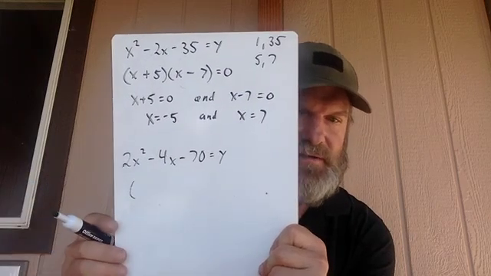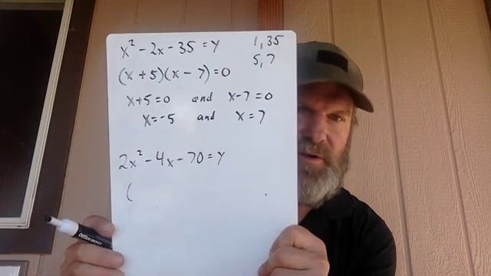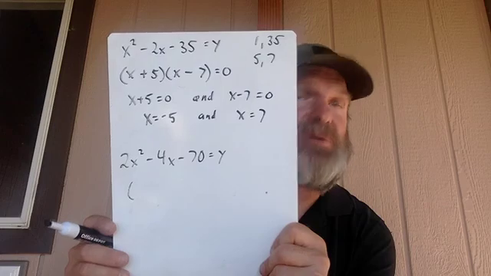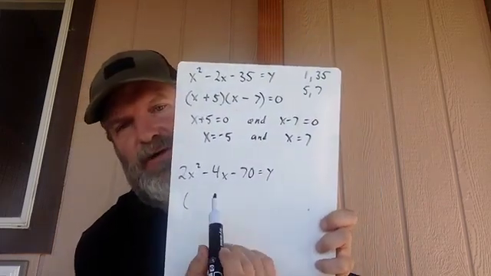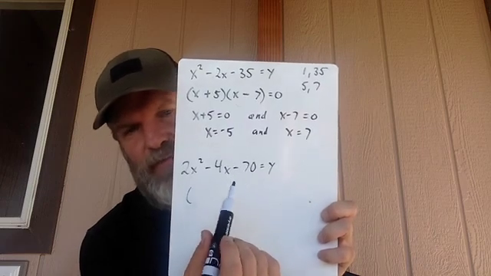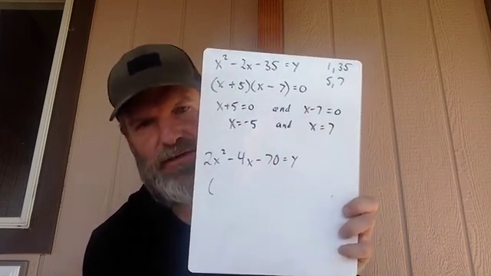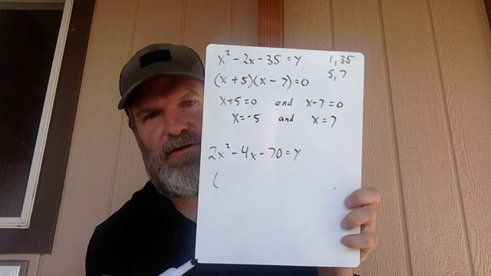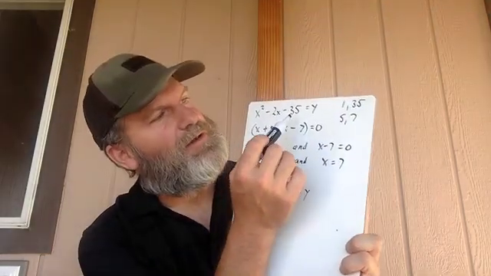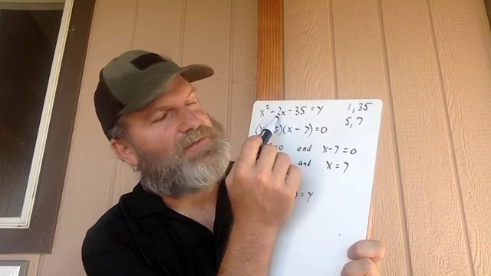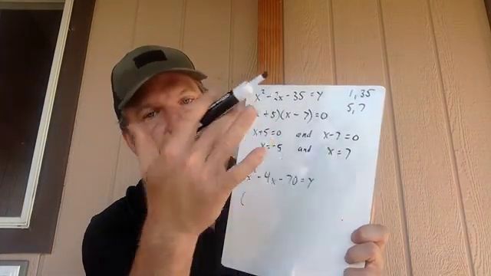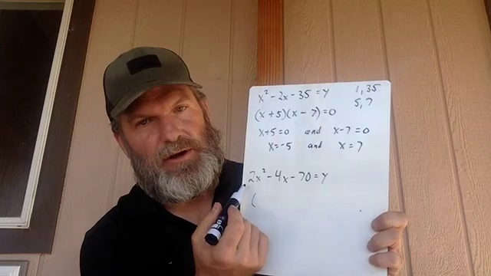All right, I'm going to get to some examples here in a minute that are a little bit trickier, but before I do, let me show you something else that you might run into. A problem like this is already going to be factored for you, but I'm going to show you how to factor it anyways. When you go to factor, you can't use the trick of what multiplies to give 35 and what adds to give negative 2 like we did here until a is 1.